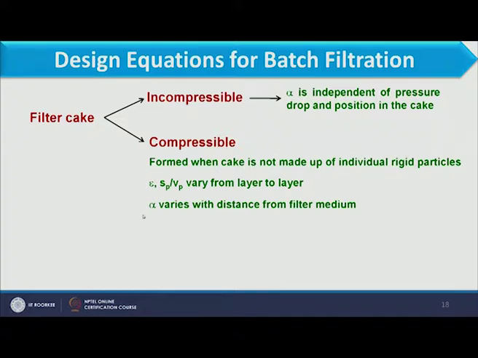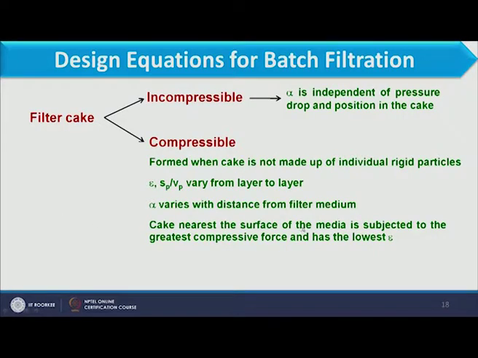So here we have the resistance, and that is the specific cake resistance. As compressibility increases, resistance increases, so alpha will be varied from the initial layer to the final layer, which is near the media.